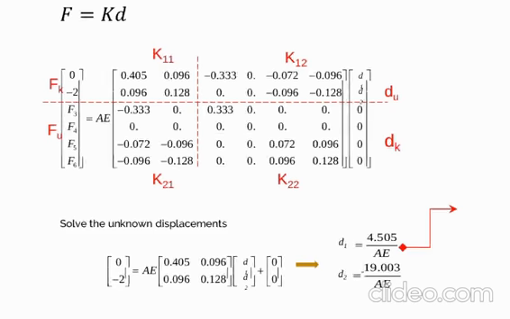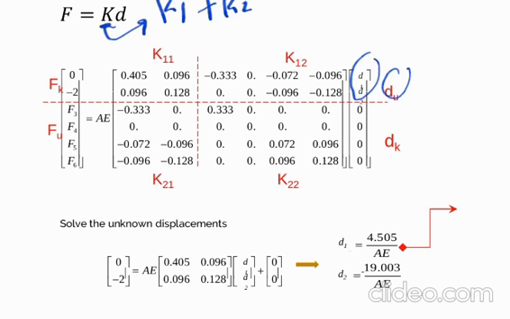Now, how can we find the displacement? This is the K matrix that we found by K1 plus K2 in the previous slide. Now, actually, F equals K times D. D is unknown for number 1 and number 2, which are unknown displacements.